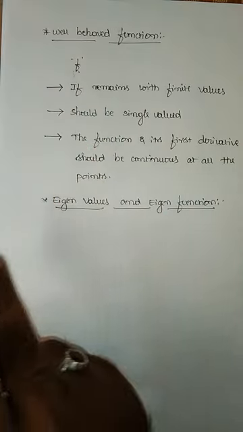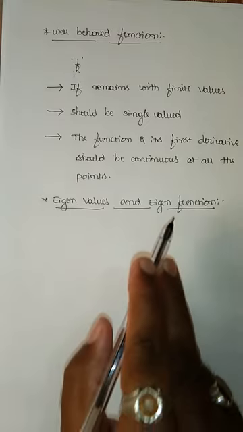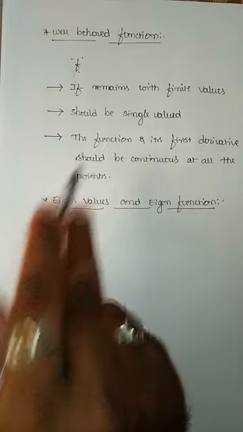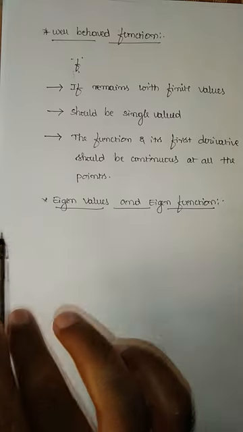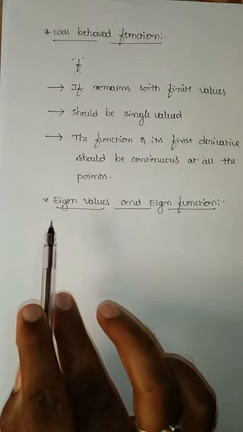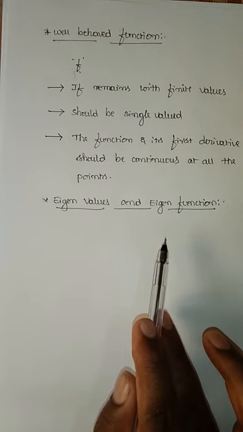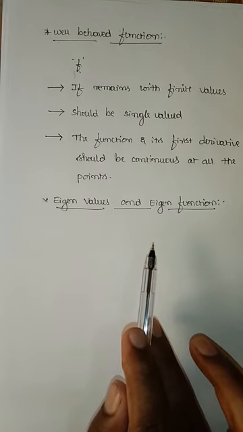and if an operator is operating on this well-behaved function, obviously we have the meaning of an operator, meaning when it acts on a function, it is supposed to give another function. Right? That is the actual meaning of an operator.